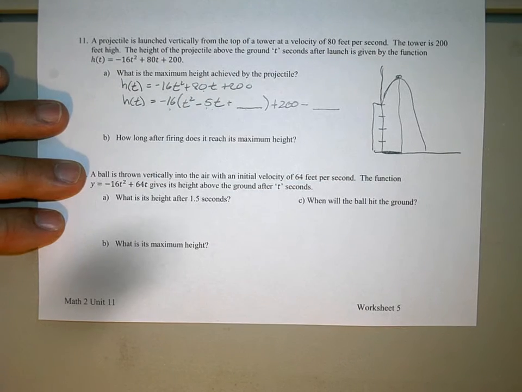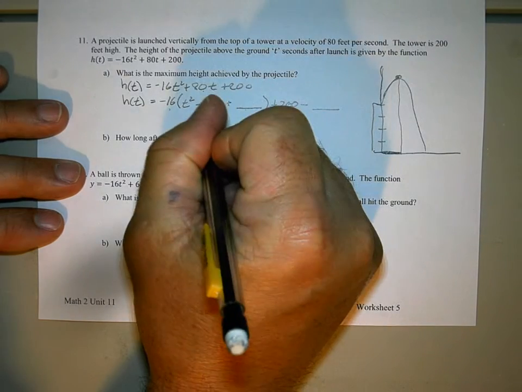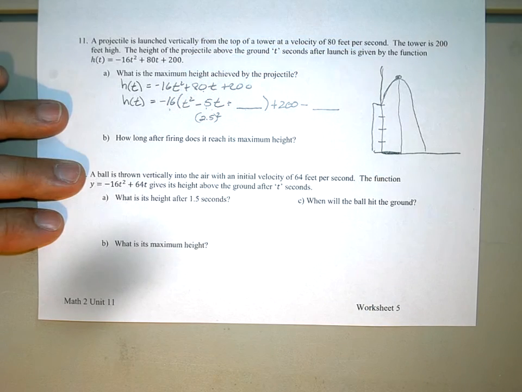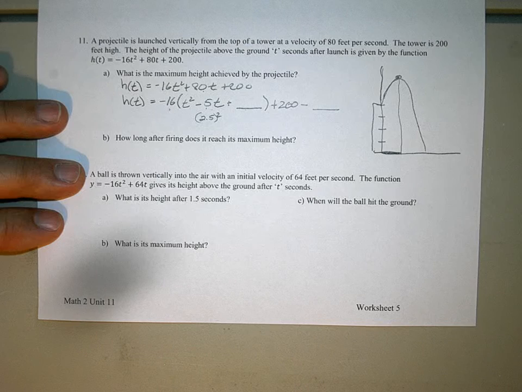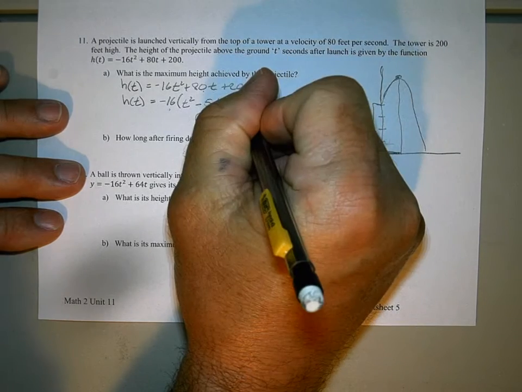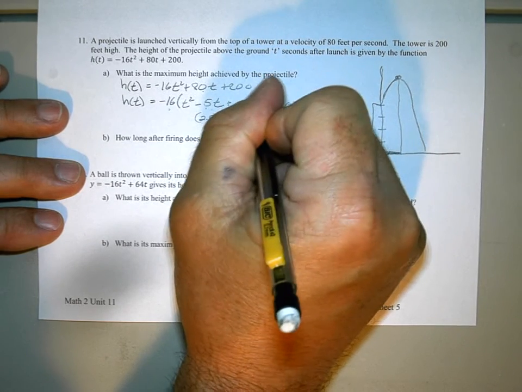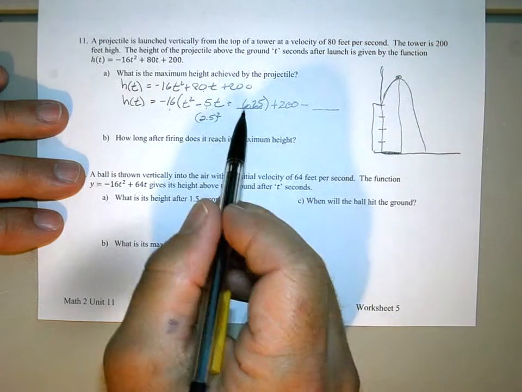Now this one's going to get tricky because we are adding half of 5 squared. So half of 5 is 2.5, and when we square it, we get 6.25. So we're going to add 6.25 here. But we have to remember what we're going to subtract.